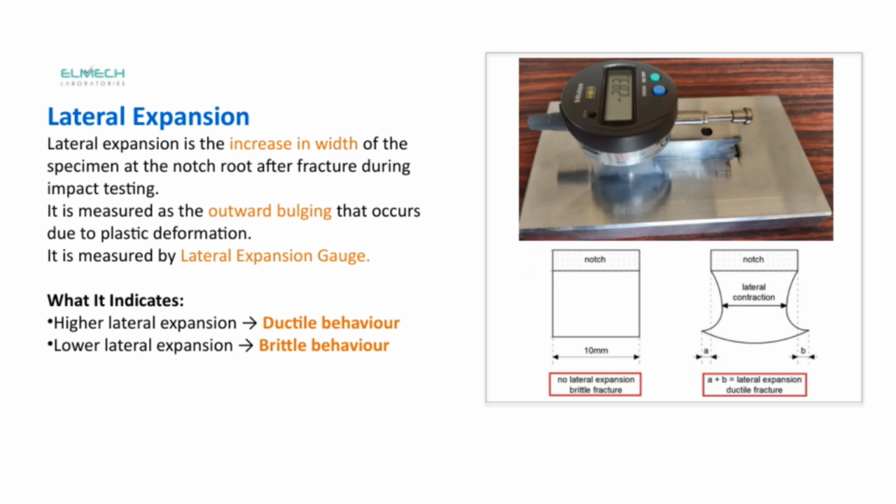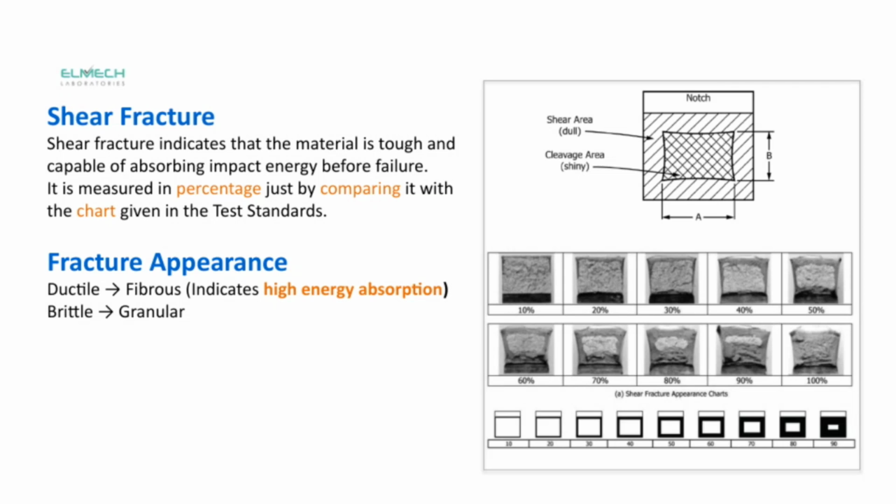Understanding lateral expansion helps us assess the toughness and ductility of materials, which is crucial when we're considering how they will perform under real-world impact conditions. It connects directly to the overall theme of material behavior, whether a material is likely to bend and stretch or snap suddenly.